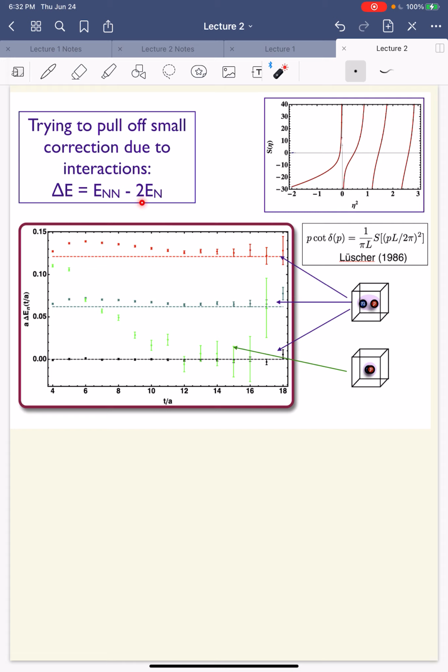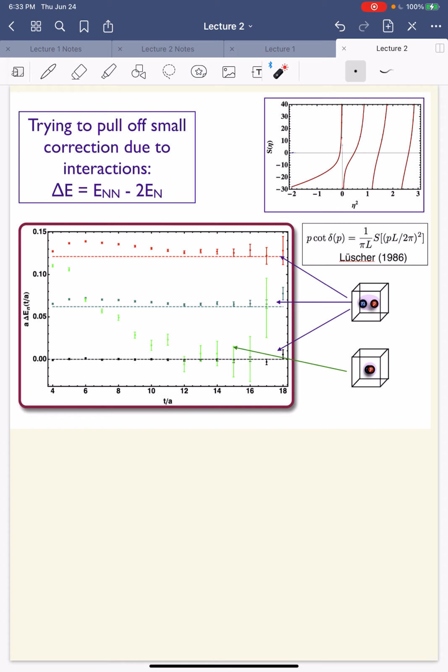So while the mass of the nucleon is of order a GeV, these energy splittings are going to be orders of magnitude smaller than that. We're talking on the order of maybe 100 MeV, something like that.